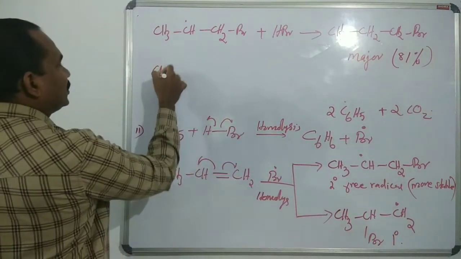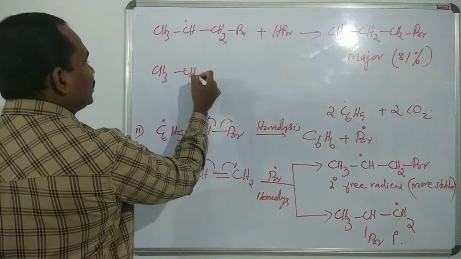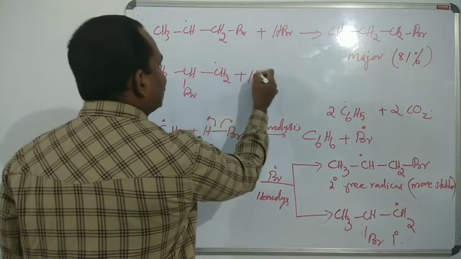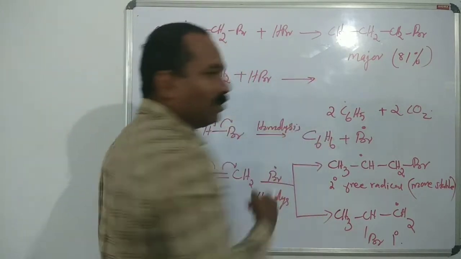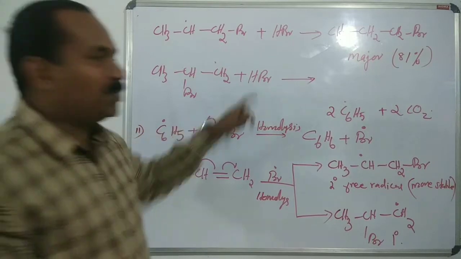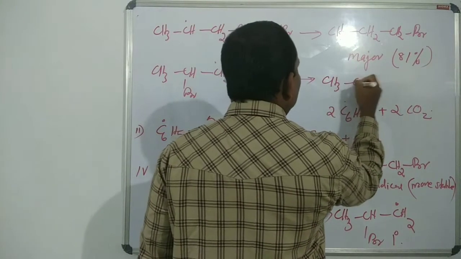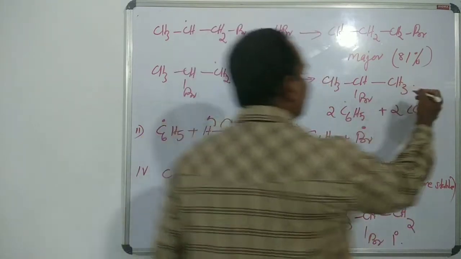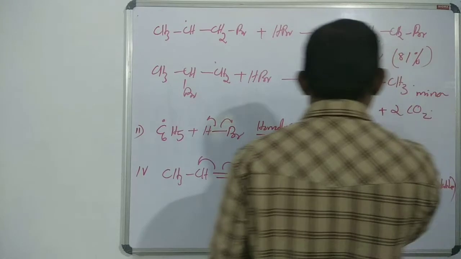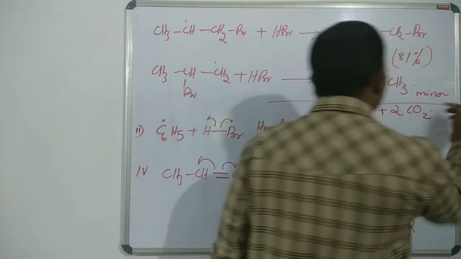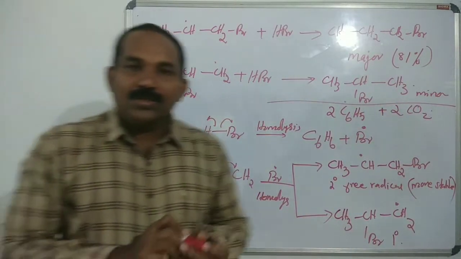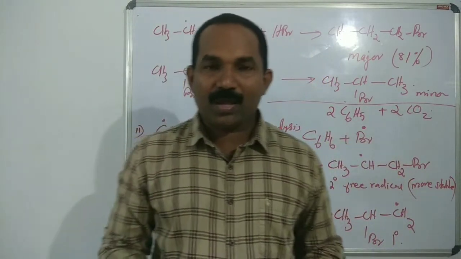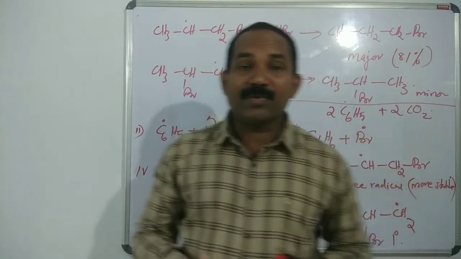And another possibility, CH3, CHBr, CH2 free radical plus HBr, again homolysis takes place. We get CH3, CHBr, CH3 as a minor product. So anti-Markovnikov addition is a free radical mechanism.